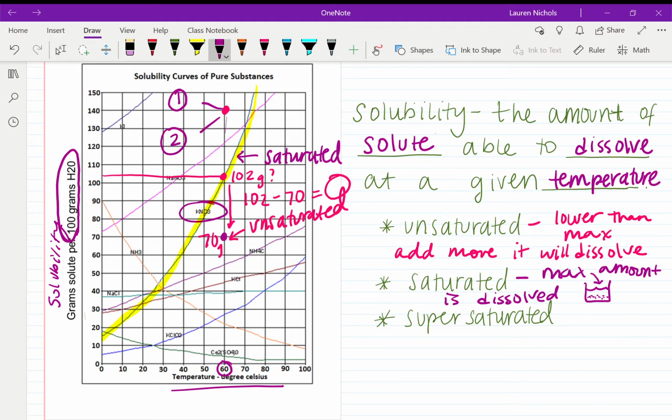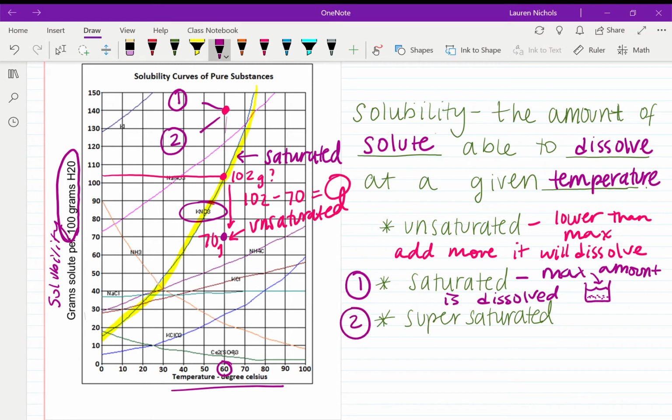Option 1 is a saturated solution. This means you will have 102 grams dissolved, and 140 minus 102, so about 38 grams of your potassium nitrate, just sitting at the bottom of your beaker, and it just won't dissolve.